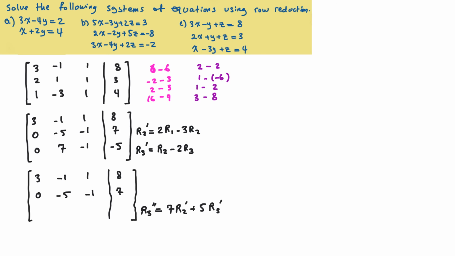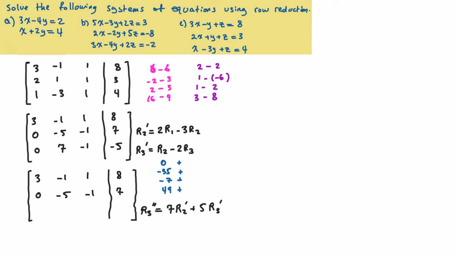Now for our operations, for the different columns, 7 times R2, we're going to get 0. We are going to get negative 35. We are going to get a negative 7, and we are going to get 49. And we are adding 5 times row 3 from the previous step.